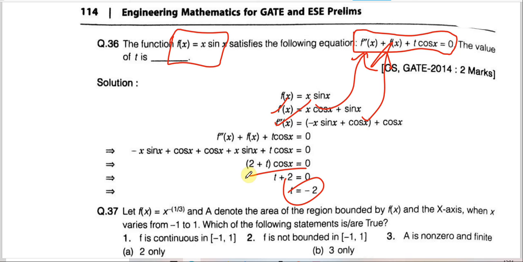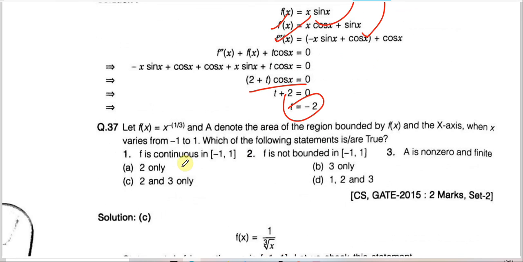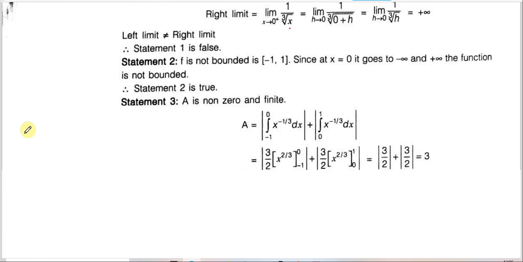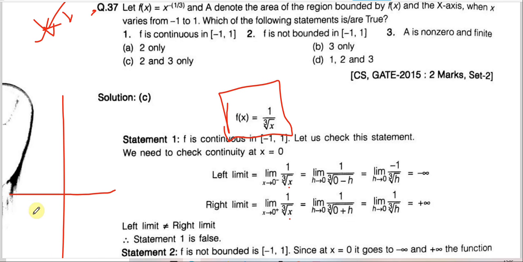Now the next problem is f of x equal to, it's also a nice problem. f of x equal to x to the power minus 1 by 3 means its graph will be somewhat like this. No, this is not correct.